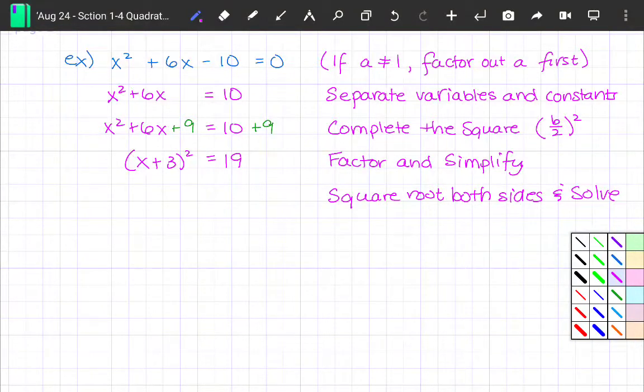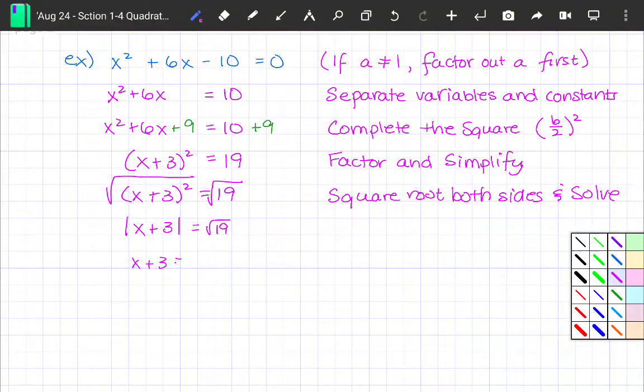So again, for purposes of the notes, I'm just going to rewrite this previous step and then show the square root on both sides. But we get the absolute value of x plus 3 equals root 19, which won't simplify, so x plus 3 is plus or minus root 19, and so x is negative 3 plus or minus root 19. And there's completing the square.